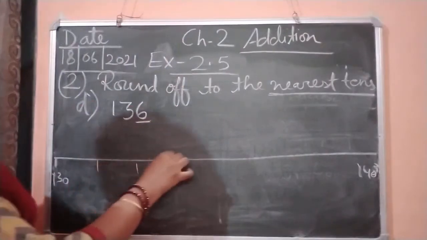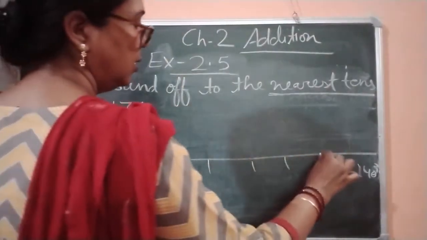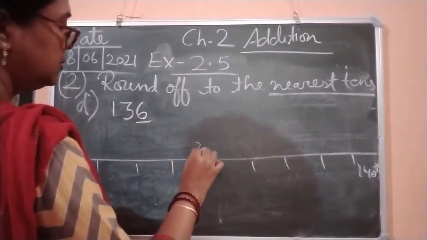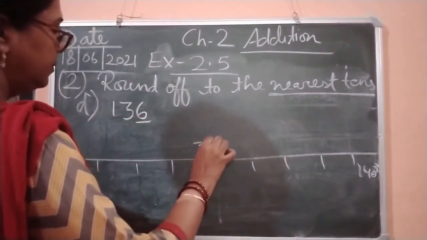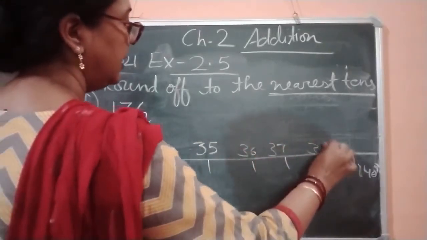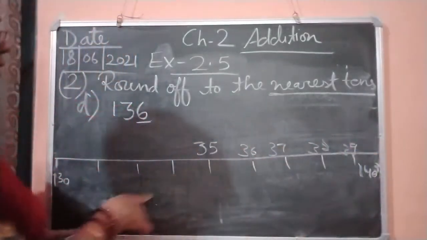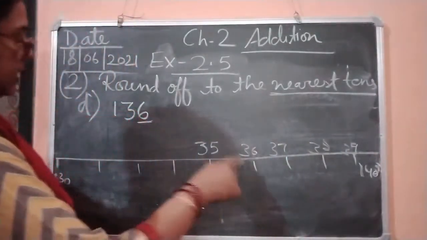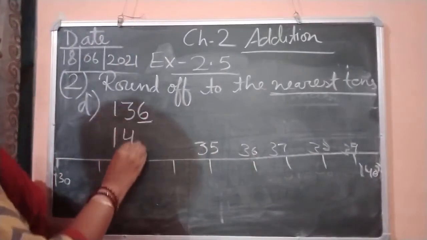We will draw this. Suppose this is 35, and after that 36, 37, 38 and 39. This will come to 140 because this is 36. So we will write 140.